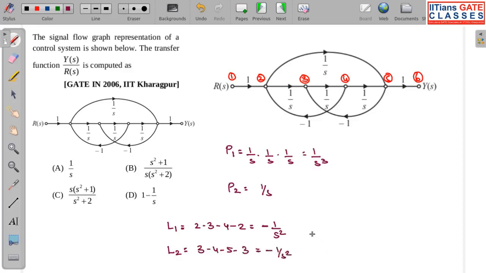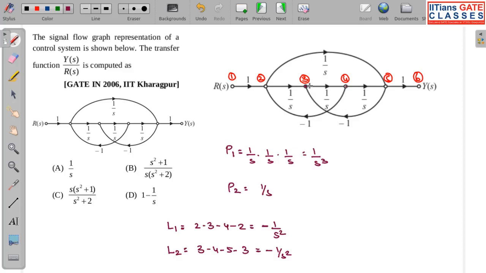Any other loops that you are able to see? So look very carefully, there is one more loop over here. You need to see it very carefully. From 3 to 4, then from 4 to 2, then from 2 to 5 and again from 5 to 3. None of the nodes are coinciding when you describe this path.